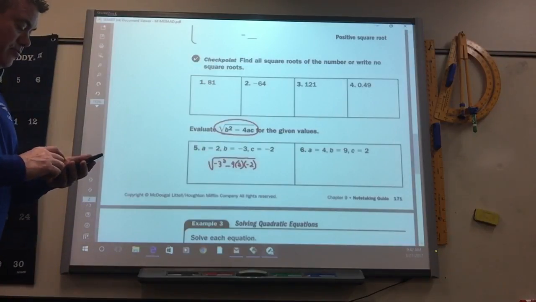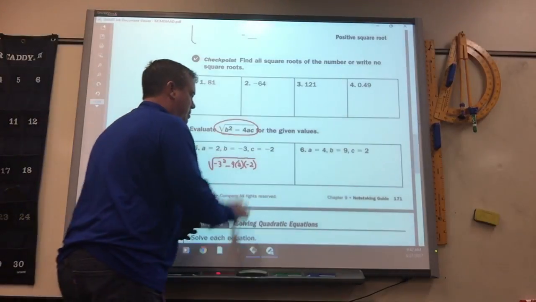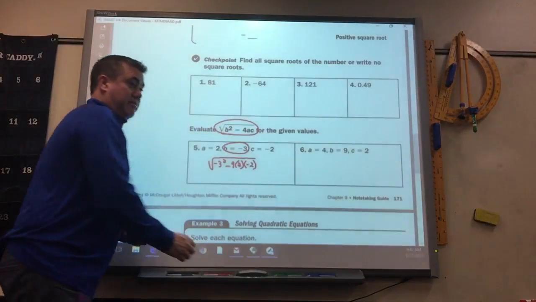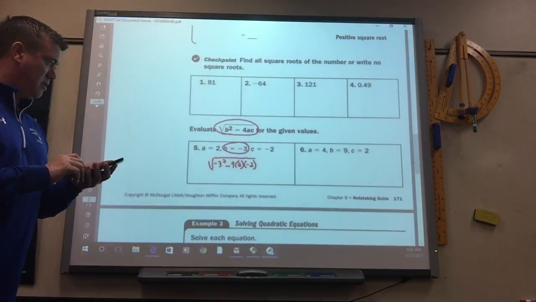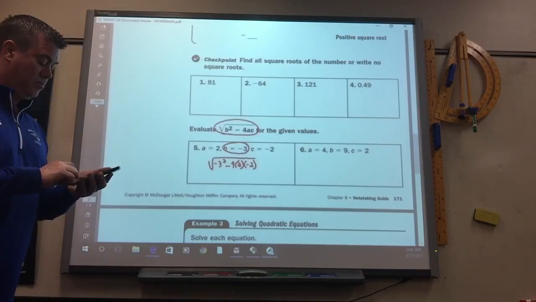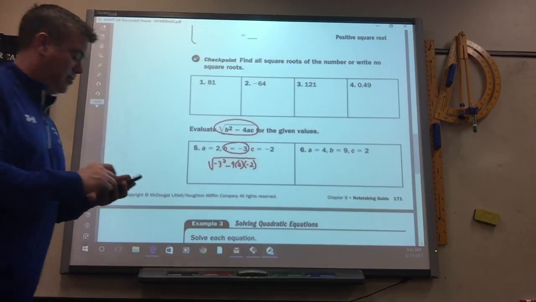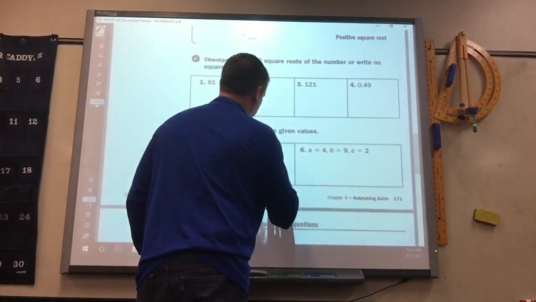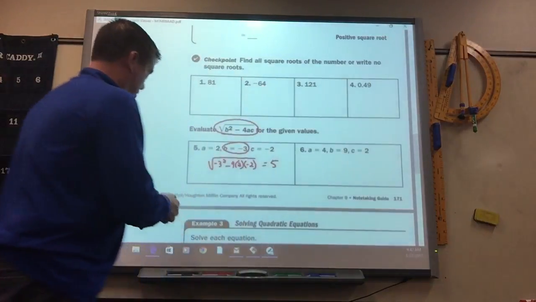The only reason this could mess you up is because the b is a negative. It should be 5.